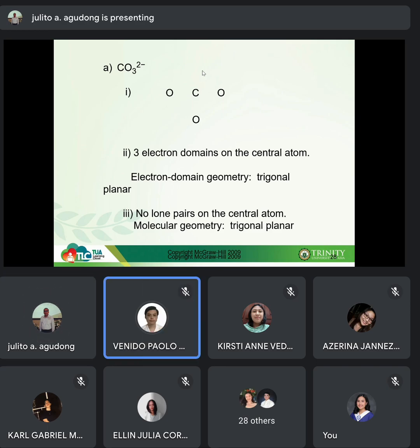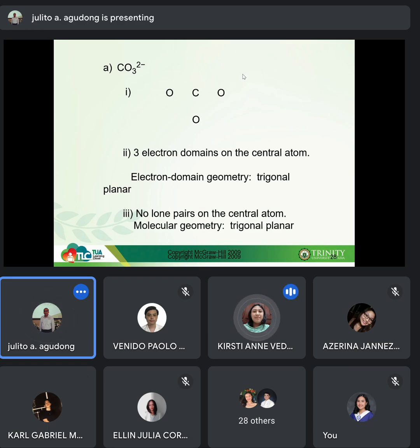You have 3 oxygen around carbon, so you will use how many bonds? 3 bonds, right? What is our TVE? 24, divided by 2, so 12. 12 minus 3 is 9. So 9 non-bonding pairs.